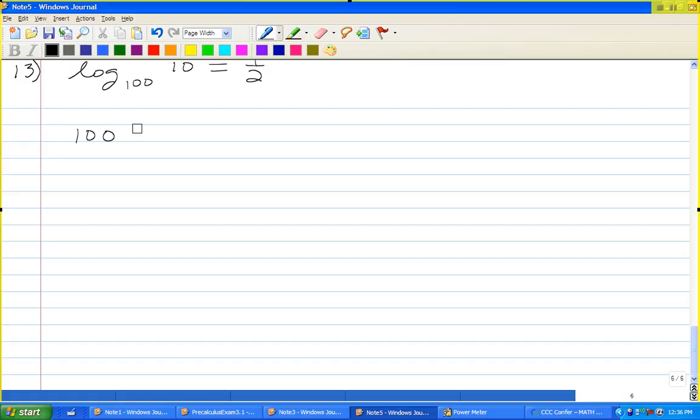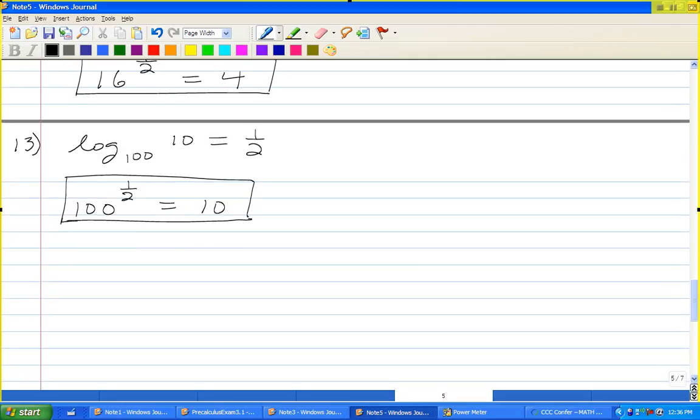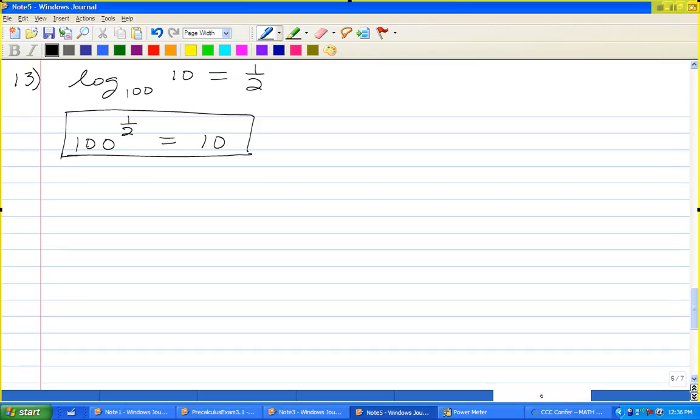The exponent is 1/2. And the result is 10. So that is the same as the above statement written in exponential form.